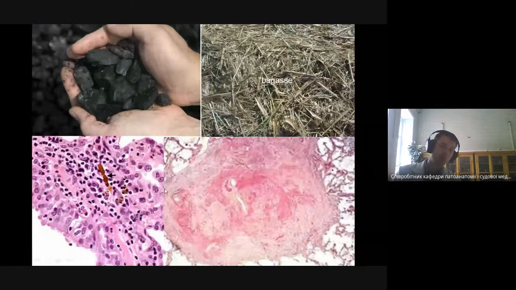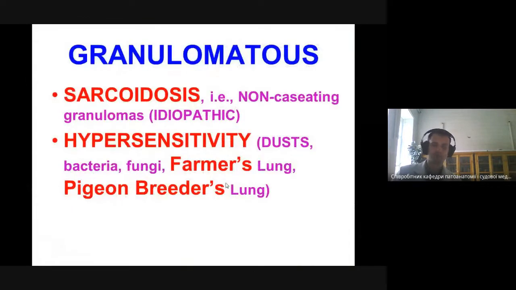fibers of collagen. That's the result of granulomatous inflammation. That was a granuloma before, but now it's a sclerotic nodule. Granulomatous inflammation occurs with sarcoidosis, hypersensitivity diseases.